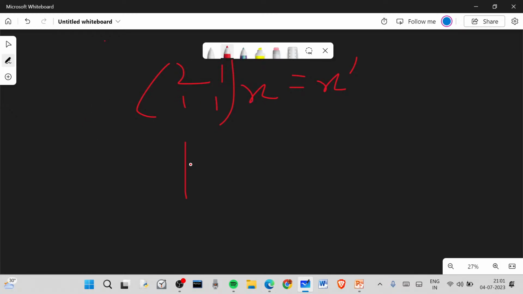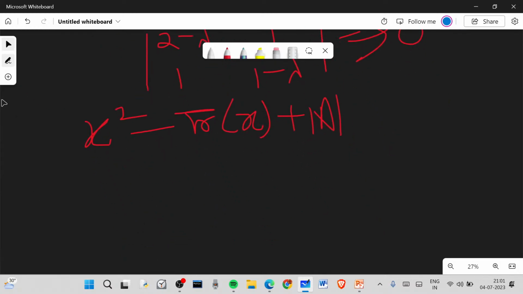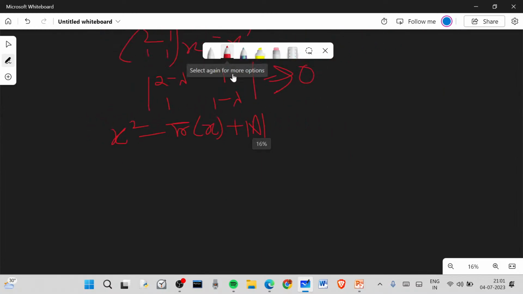Now let's do it. Write the characteristic equation of it. For that I know a very beautiful trick I would like to share with you. The first way is to make it 0. The second way that I have learned is x square minus trace of x plus determinant. This is the characteristic equation for 2 by 2. For 3 by 3 there's also one, but it's pretty ridiculous, so I don't want to share it.